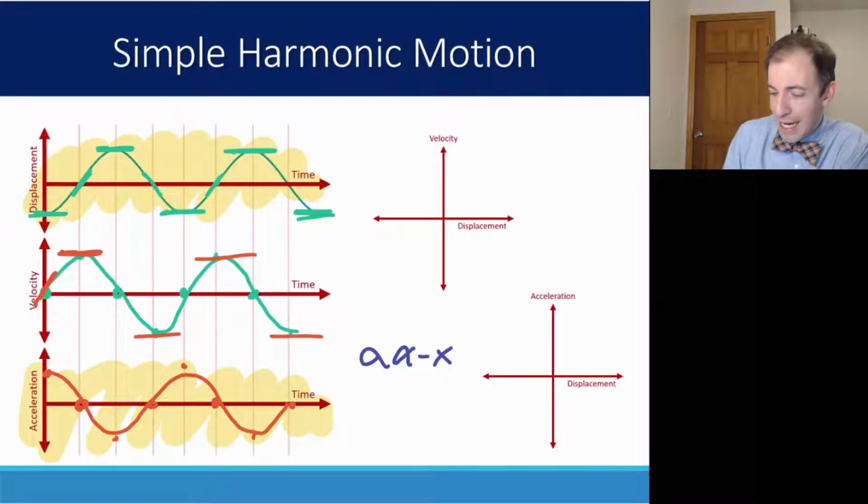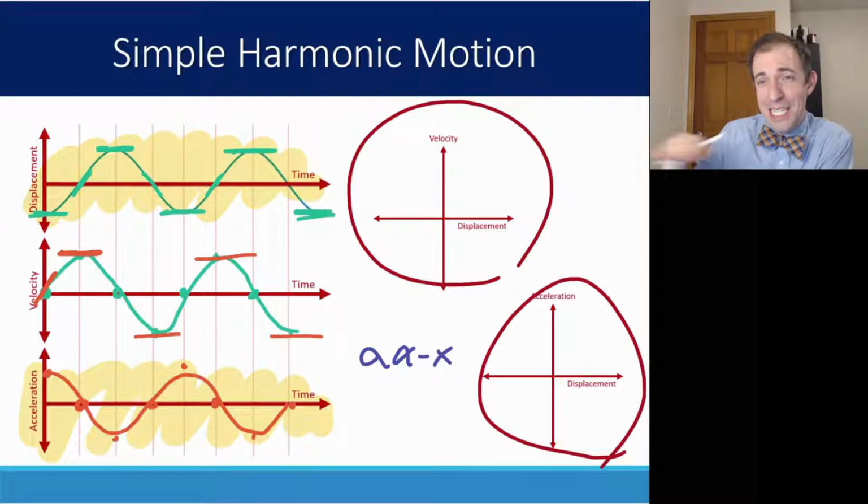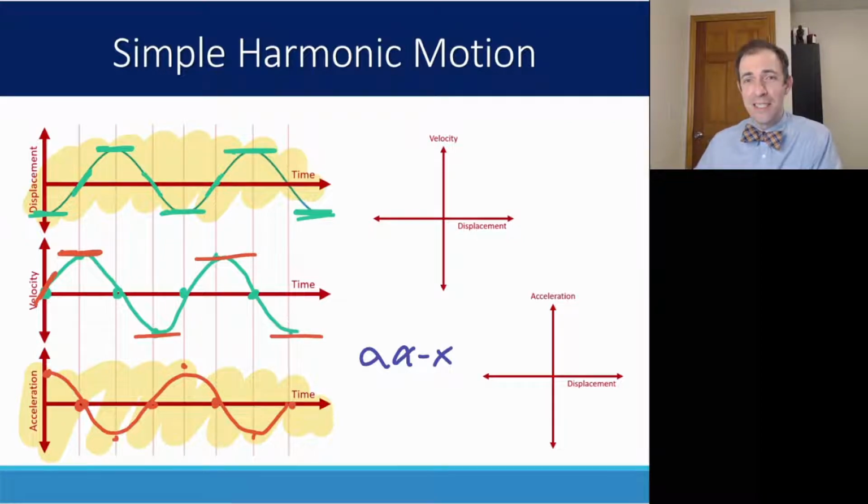Now, if we're trying to represent these graphs in a clever way, we can put displacement on the x-axis. Remember here, displacement is maximum, really negative or really positive, at its lowest and highest point. And we said at the lowest and highest point, velocity was 0. That was the turnaround spot.